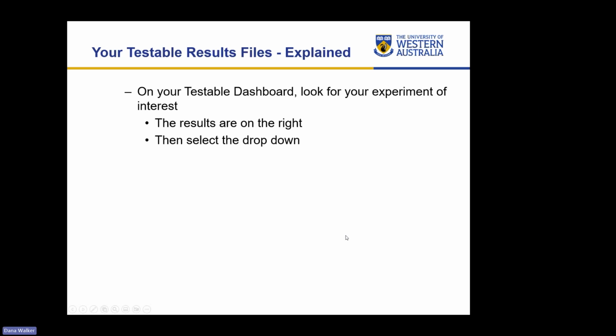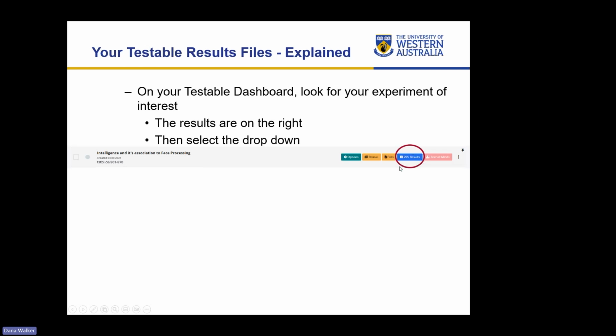So let's move into Testable, all right? On Testable's dashboard, you will see an experiment of interest, and on the right-hand side, you're going to see a drop-down and a fixed button. I'm going to show you an example in a second from one of my studies. So here you have the name of the study and the Testable link, obviously. Mine's not active.